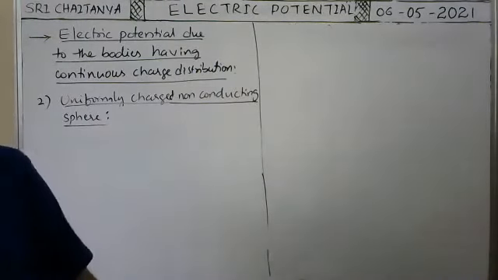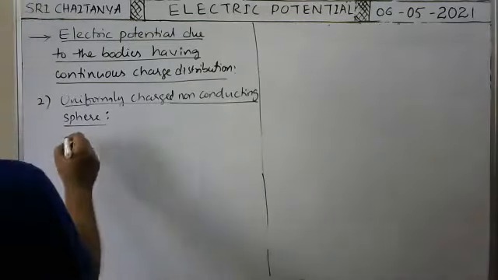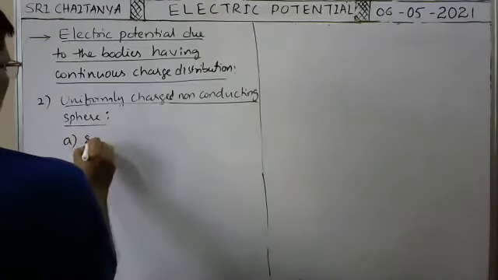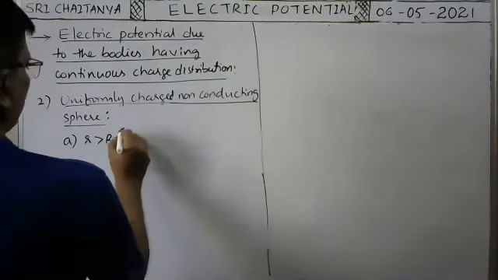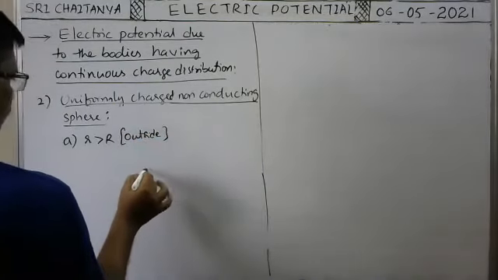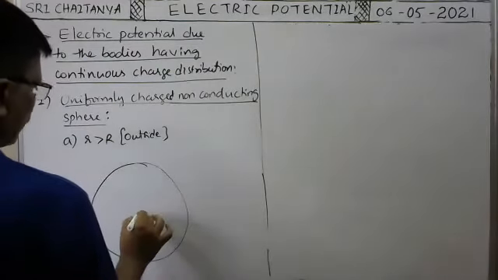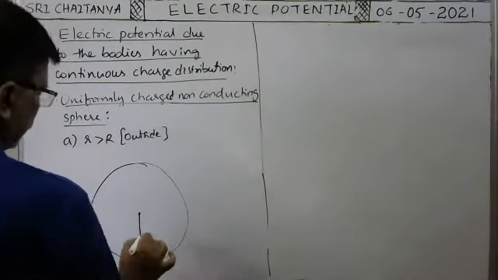Note down. In this, the first case is when r is greater than capital R, that means outside. Suppose it is the non-conducting sphere of radius capital R.